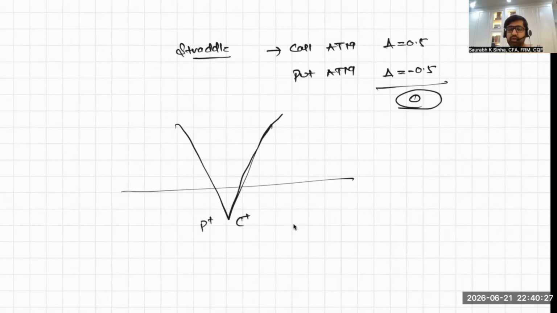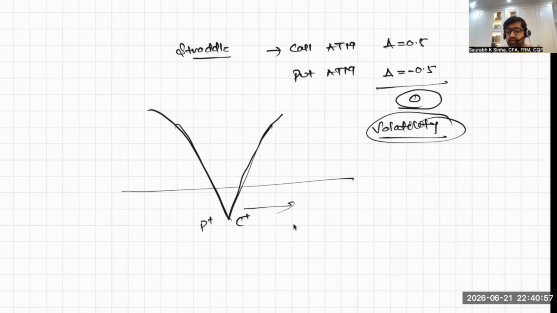Because of the call, you enjoy the upside, and because of the put, you get hedged to the downside. This strategy is the best if you want your delta to be zero, which means that if the INR or USD appreciates or depreciates, it should not impact you, but you enjoy the volatility. Whether the underlying asset goes right or left, you will always have a profit.